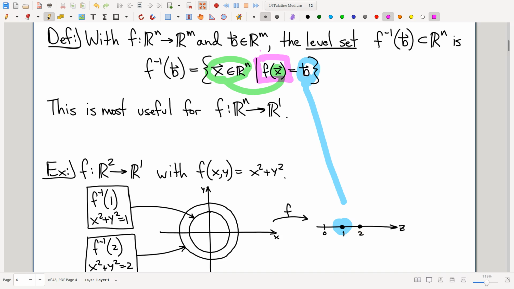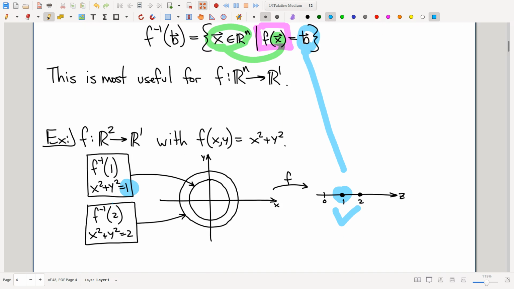So now writing this down, looking at this output value, z equals 1, we're going to take the formula for the value of the function. We're going to ask what are the inputs that make the value of the function equal to b.